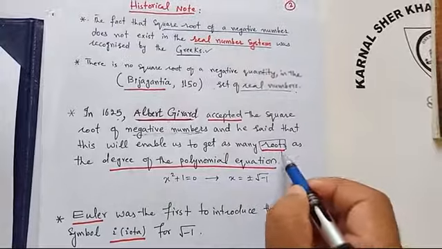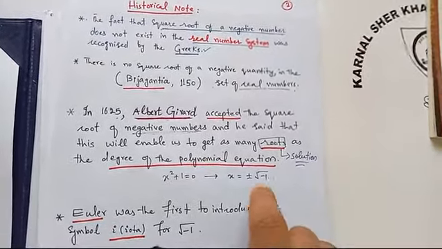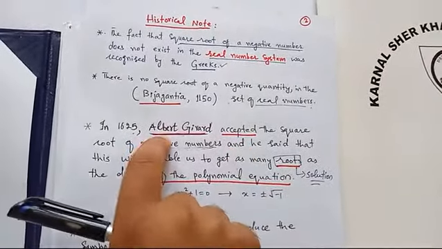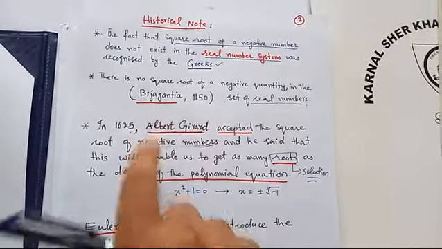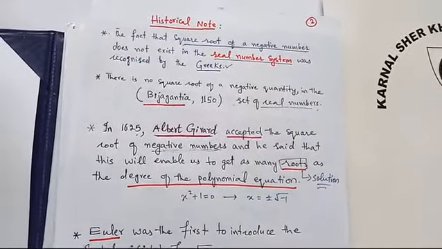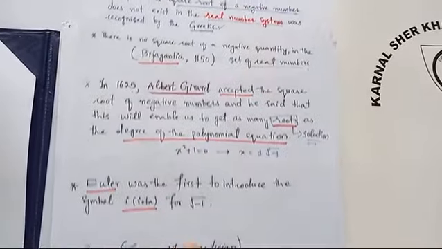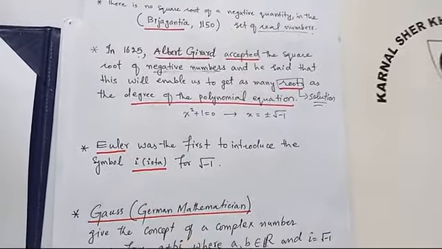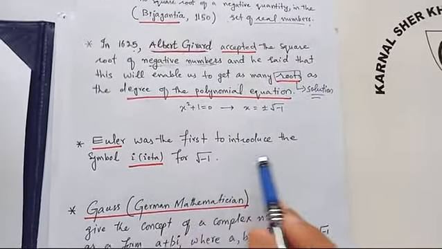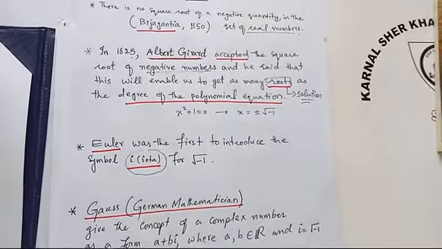Root means solution. So for the first time, the square root of minus 1 was accepted by this mathematician, and he said that this square root of minus 1 will provide as many roots as the degree of the equation. After that, Euler, a very famous mathematician, was the first to introduce a symbol, iota, for this square root of minus 1.